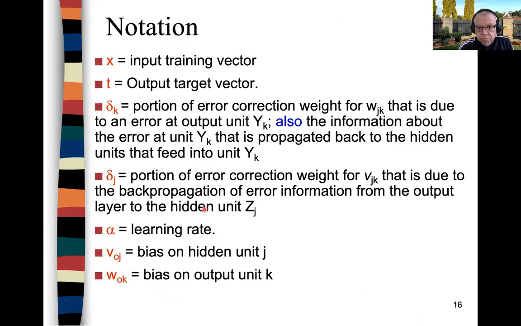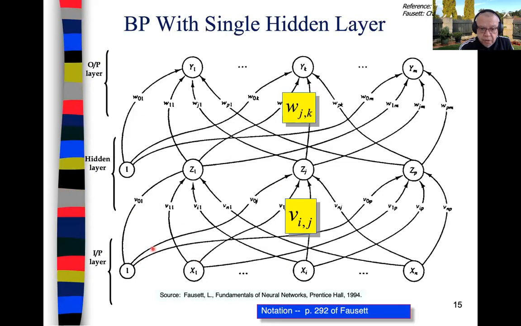Alpha, I think there is something going on here. We'll come back to this later; it will become clearer. Alpha is the learning rate. We saw that before. V0j is the bias on the hidden unit j. So this is your V0j because you have a bias.